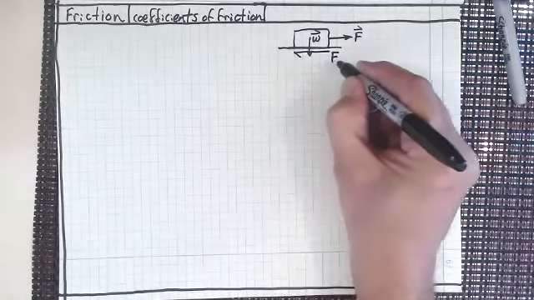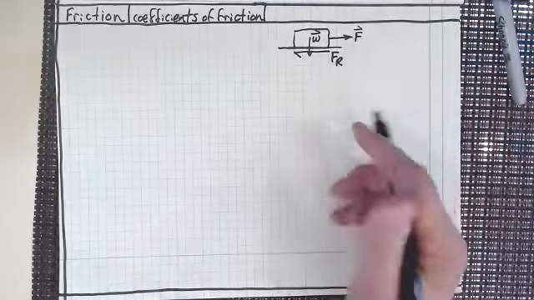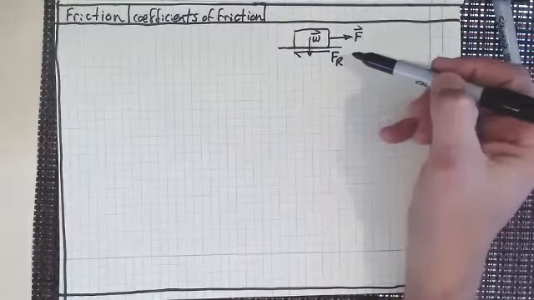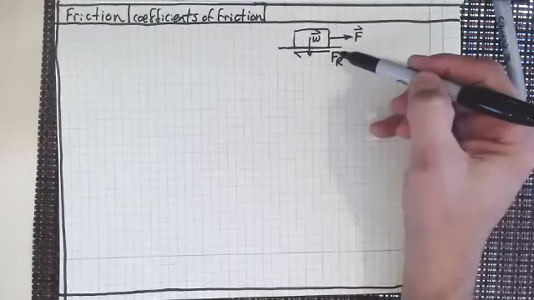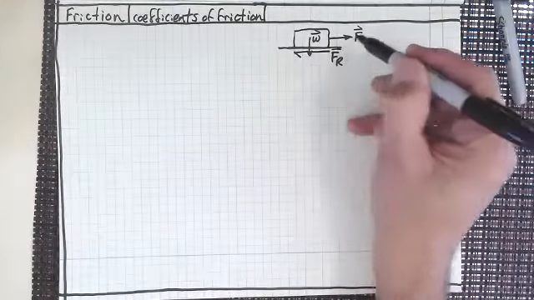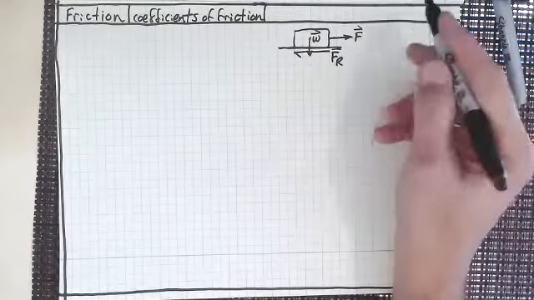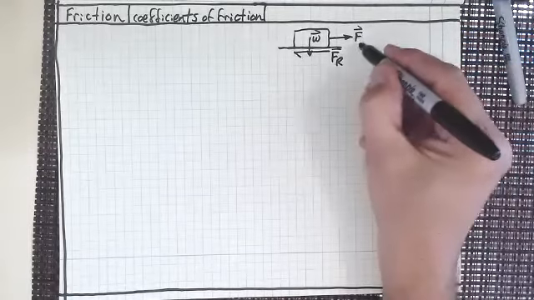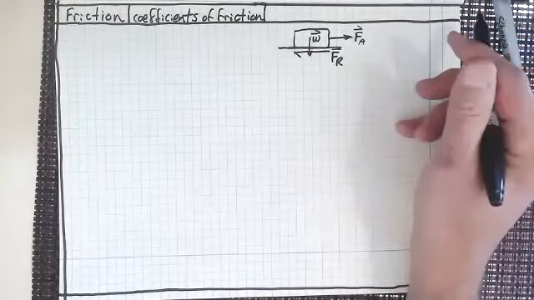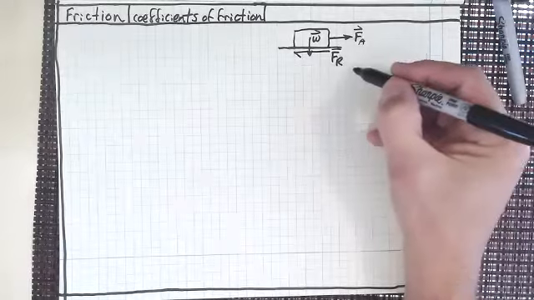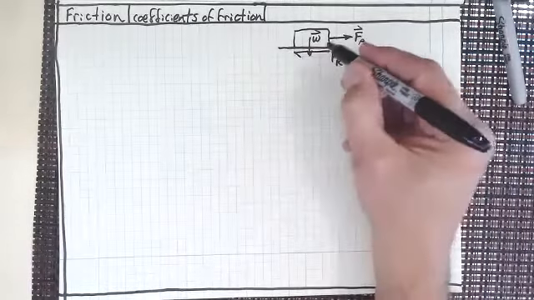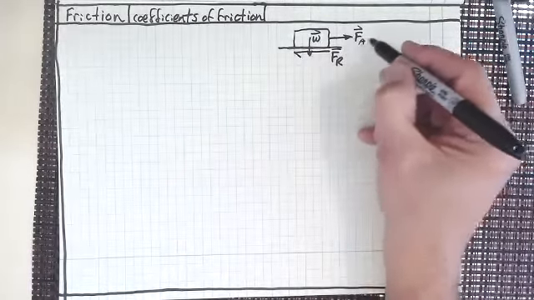Just like I said in the example that I did in the last lecture, we usually define that force as F sub r. I'll write it as a vector. So this is some applied force, and this is my frictional force that's reacting against that applied force that's trying to cause motion.